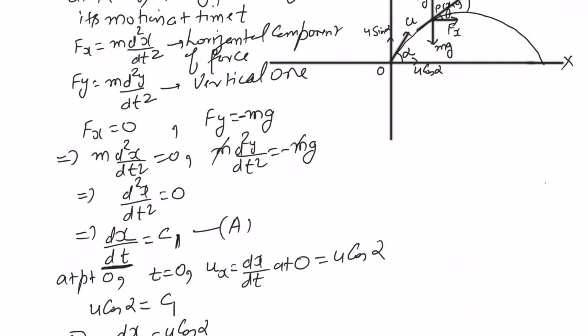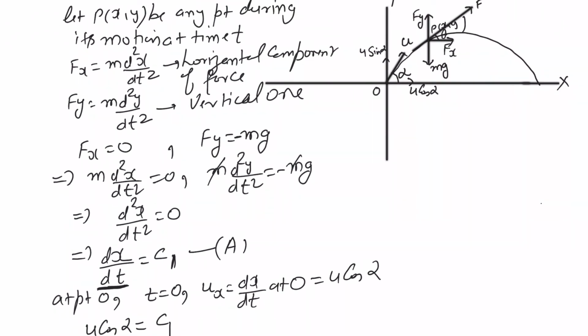Now we see what will happen in the case of the vertical component. Here d²y/dt² is equal to minus g. Integrating both sides, dy/dt is equal to minus gt plus c1.